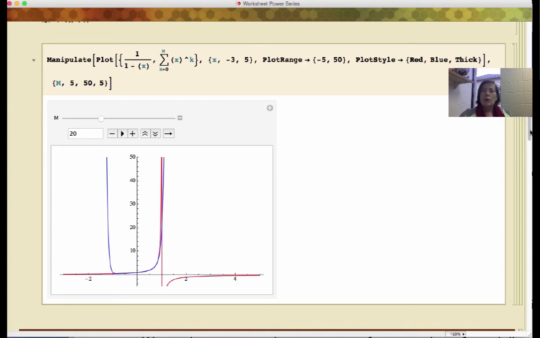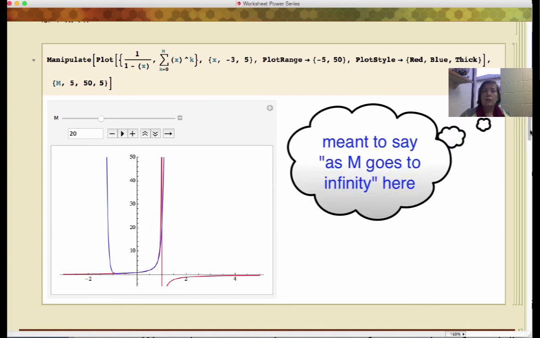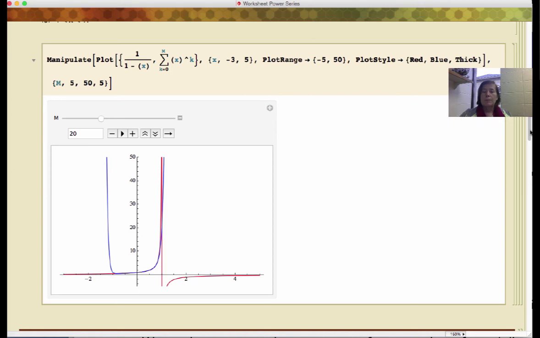So the points on the graph of these partial sum polynomials should tend towards the graph of 1 over 1 minus x as m goes to infinity for x between -1 and 1. So here we've drawn the graph of 1 over 1 minus x in red, and you can see it has a vertical asymptote, which is a point of discontinuity at x equals 1.